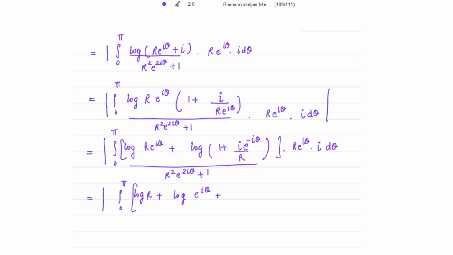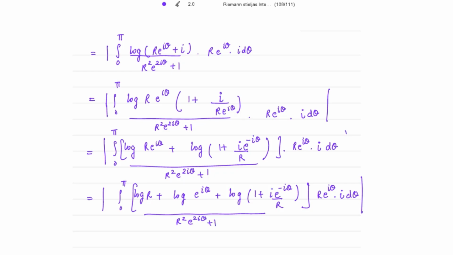And then this is plus log of 1 plus iota e to the power negative iota theta over r, bracket close, r e to the power iota theta into iota d theta, and then the denominator r square e to the power 2 iota theta plus 1, with mod.